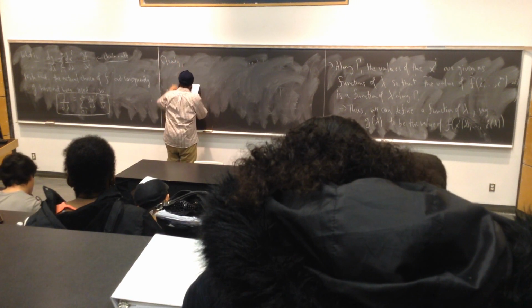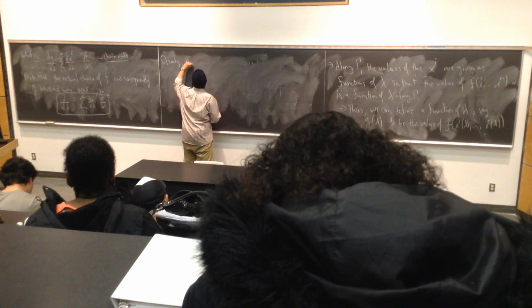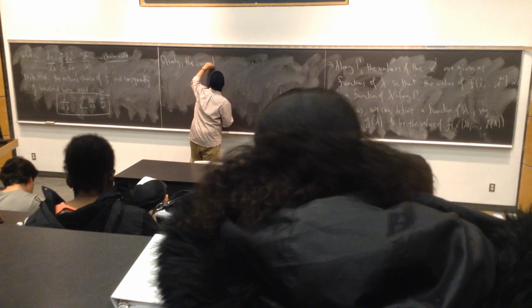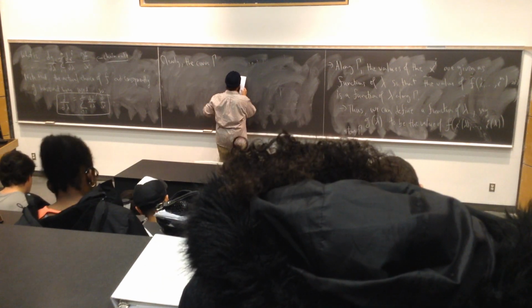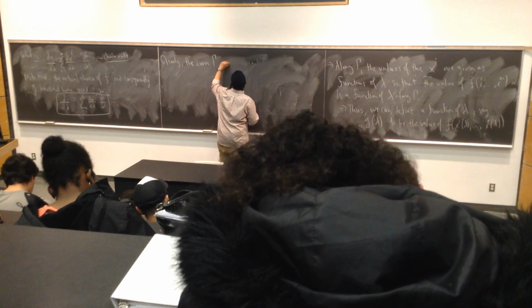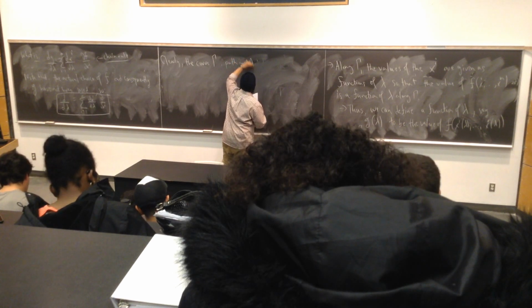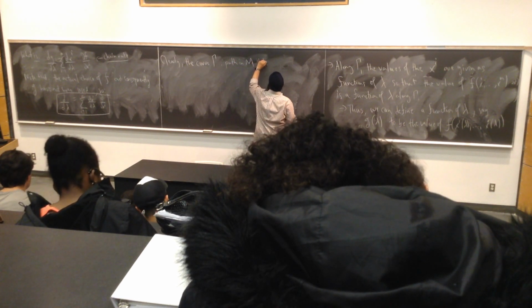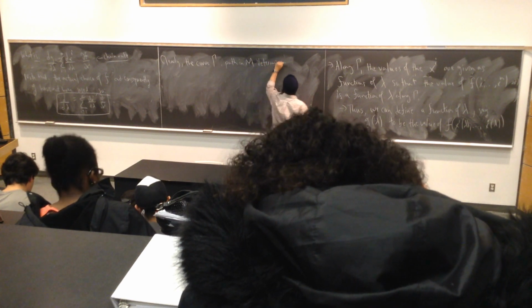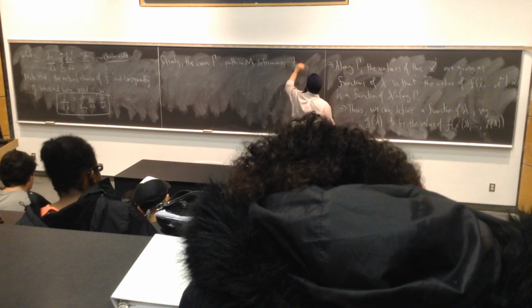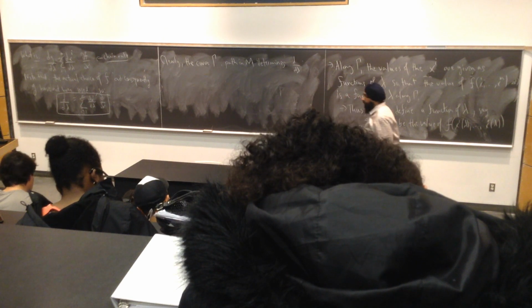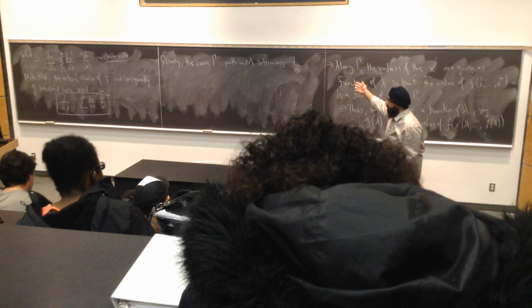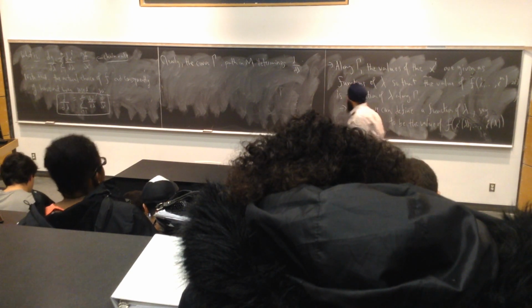Clearly, the curve gamma, which is a path you can think of in M, determines d by d lambda. So the curve itself in M, which is completely arbitrary, determines what this derivative operator should be, d by d lambda.